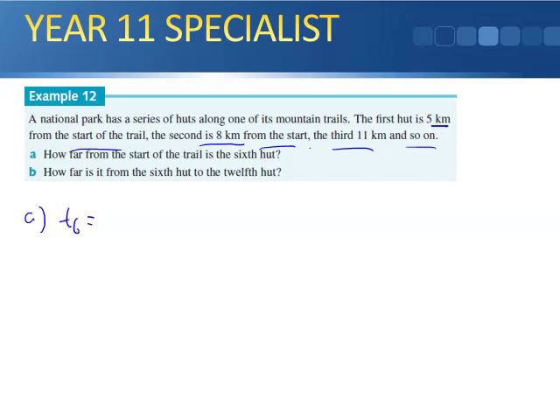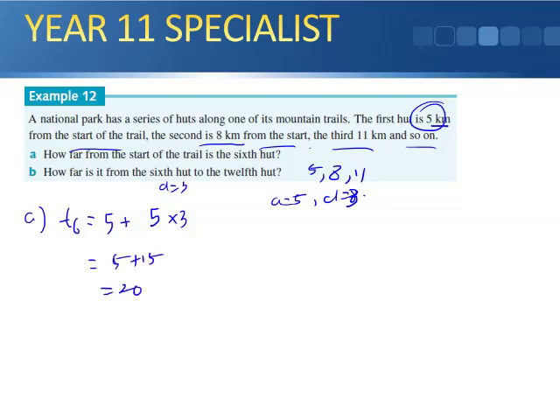They had it right there, the first hut is 5, so a is 5. My D is 3, because it's going 5, 8, 11. So working this one out, I get 5 plus 15, which means T of 6 is 20.